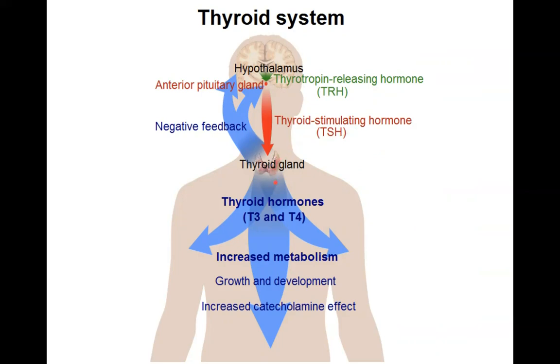So in other words, once the end product has been achieved, it will tell the initial steps to stop occurring because the final purpose has been achieved. When the final product has an inhibitory effect, it is called negative feedback mechanism. But when the final product has a stimulatory effect, then that is called positive feedback mechanism.